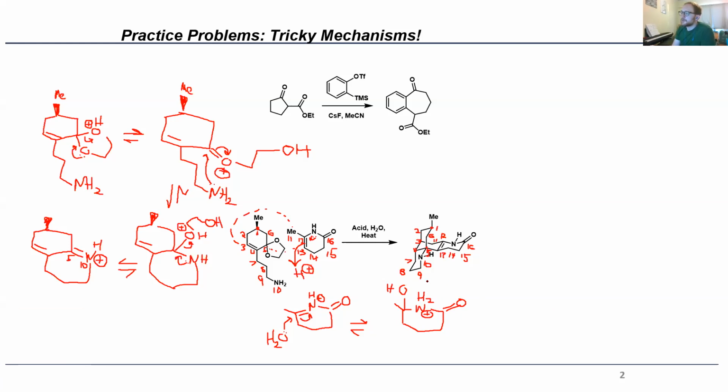And then from this species, nitrogen is now a more activated leaving group. We can kick out the amide to get us to another oxocarbenium species.